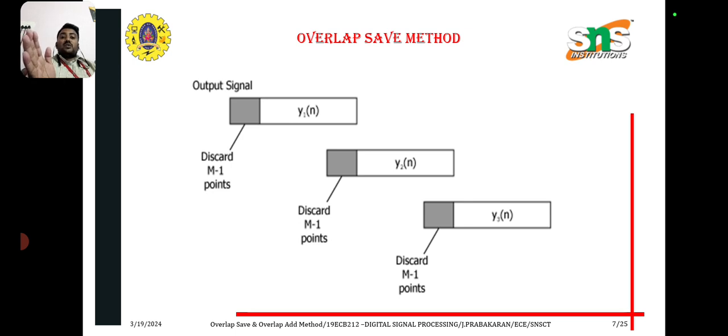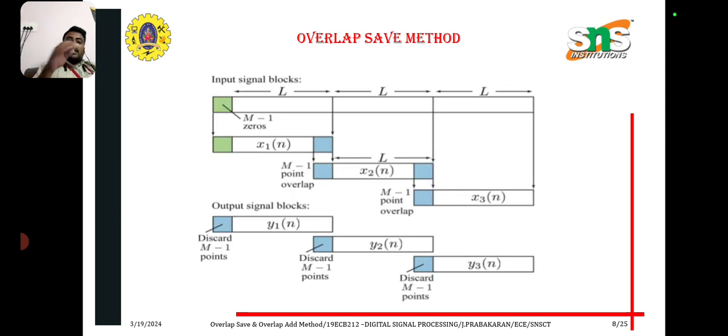Remove the first m minus 1 data from every subblock output, and finally write the remaining output. This is the procedure for the overlap save method.